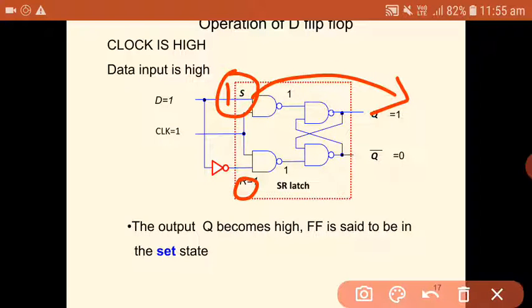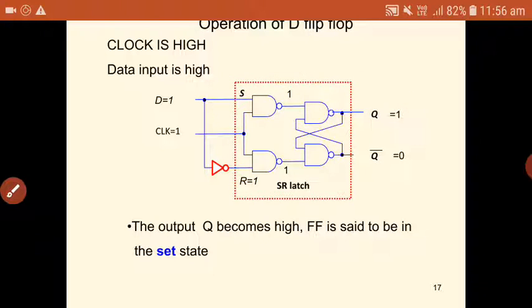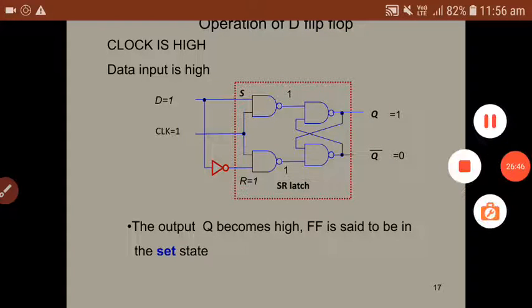Making the output of the flip-flop equal to 1 is nothing but setting the flip-flop. So whenever D is equal to 1, you will be getting the output also equal to 1, which is the same as the input. The output Q becomes high when the clock is high and the input is high, so the flip-flop is said to be in the set state.